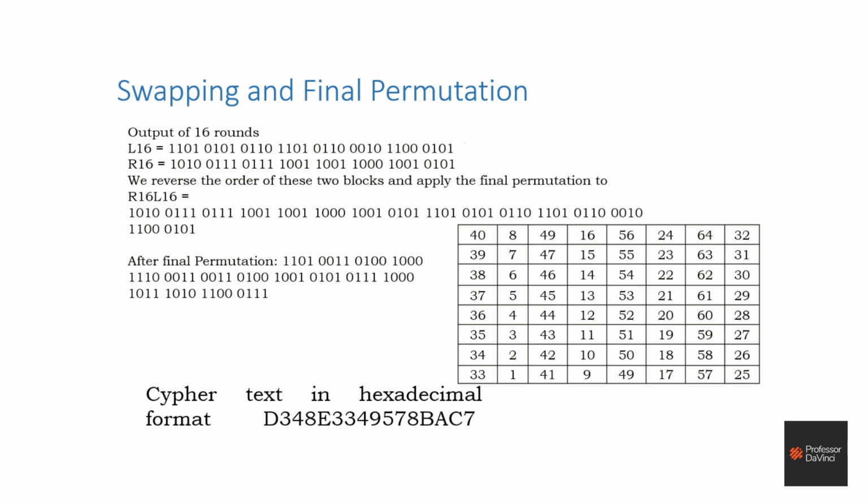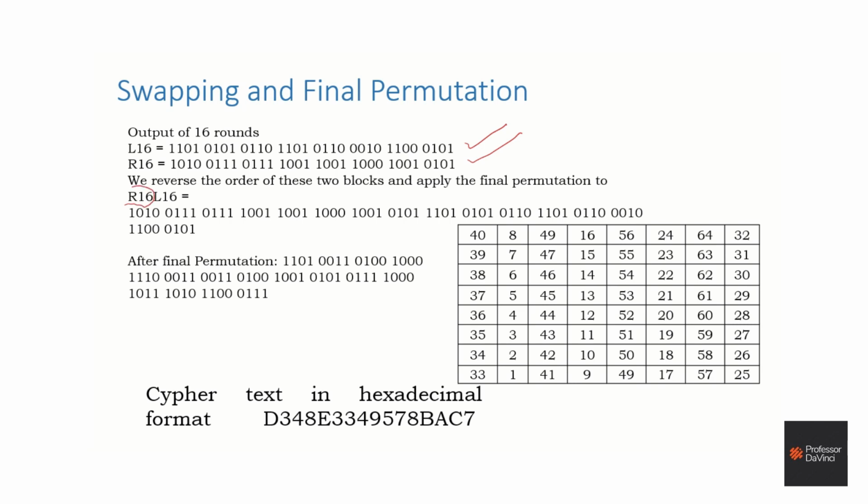Finally we yield L16 and R16. Now we reverse the order of these two blocks to apply the final permutation. So instead of L16, R16, we are going to swap. That is the final step.